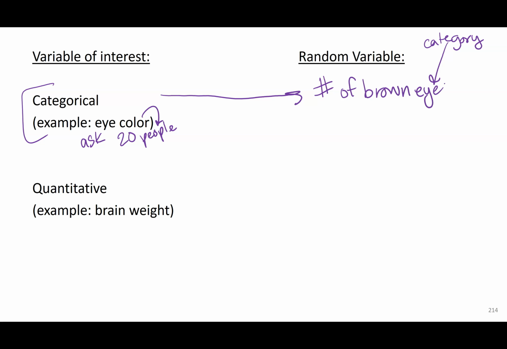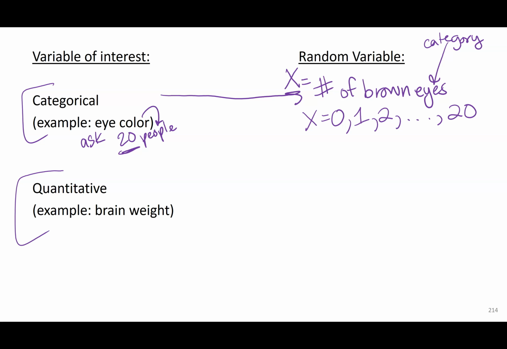So if I take a random sample of 20 people and I ask them their eye color and count the number of people that say they have brown eyes, I can have 0 people say they have brown eyes. I could have 1, I could have 2, all the way up to 20. If you ask 20 people, you really can't have more than 20 of those people have brown eyes.